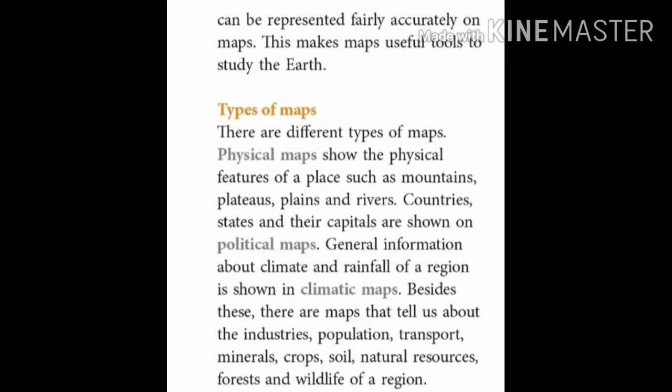General information about climate and rainfall of a region is shown in climate maps. Besides these, there are maps that tell us about the industries, population, transport, minerals, crops, soil, natural resources, forest and wildlife of a region.